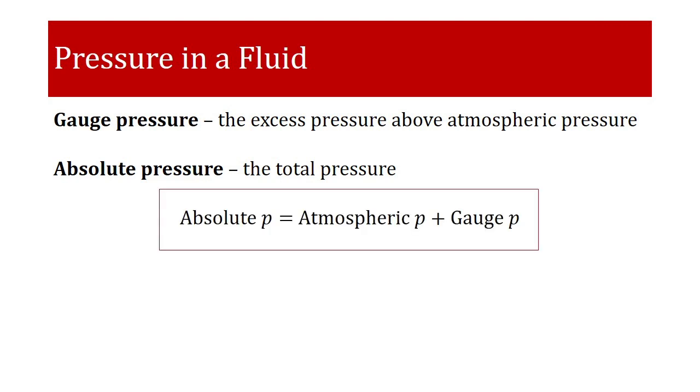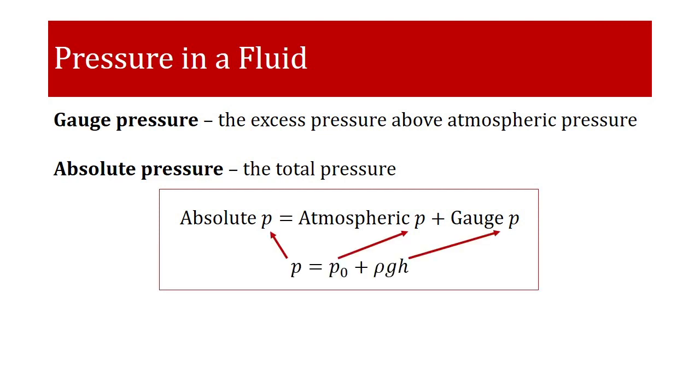In symbols, absolute pressure equals atmospheric pressure plus gauge pressure. Relating it to the formula, the P there is your absolute pressure, P0 is your atmospheric pressure, and rho g h is the excess amount, the gauge pressure.